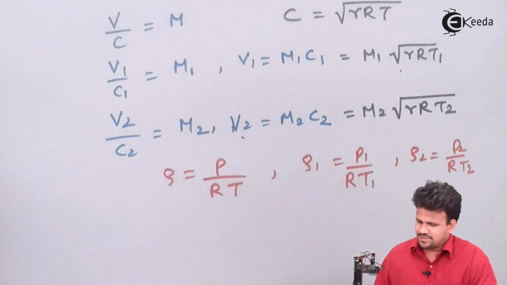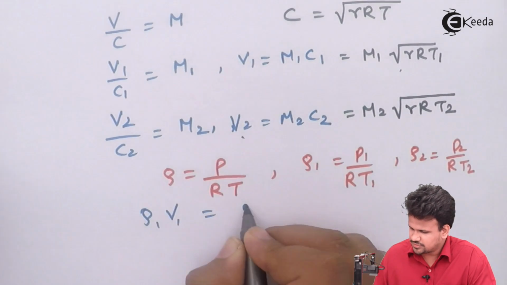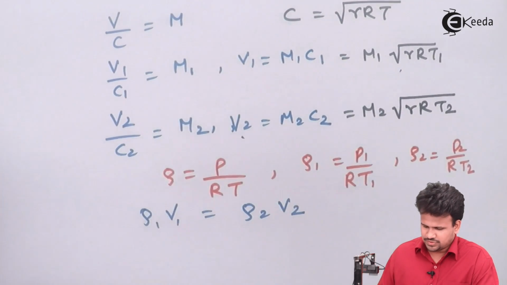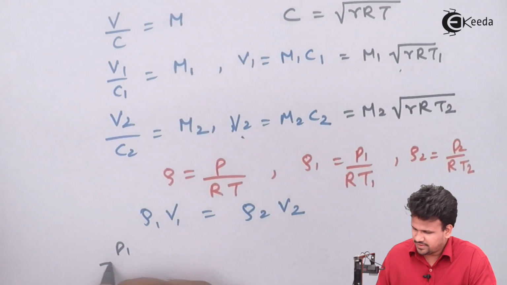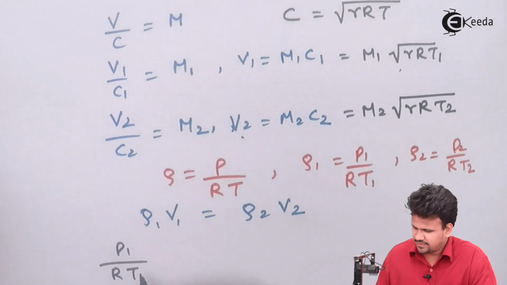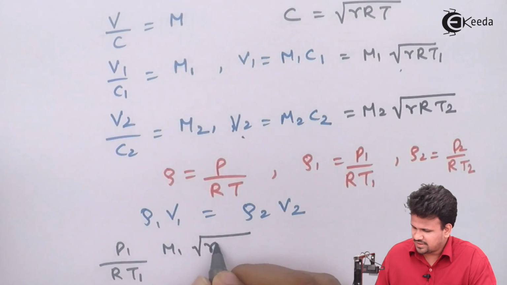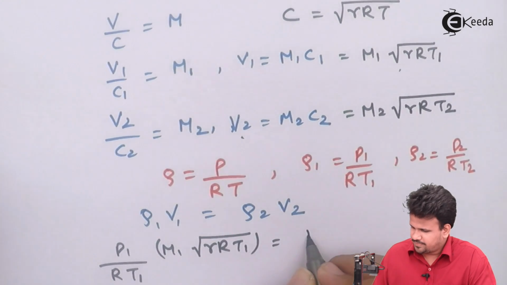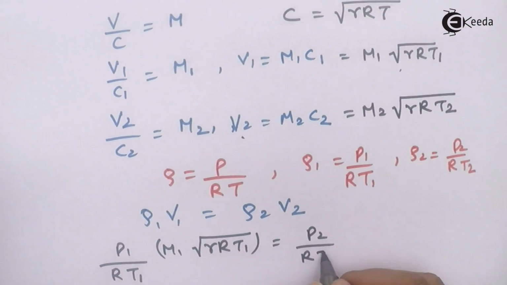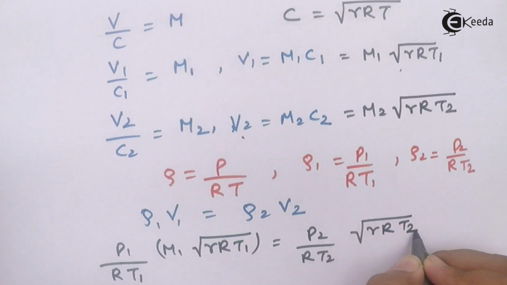Let us substitute this in the equation, that is ρ1 V1 is equal to ρ2 V2. So ρ has a value of P1 upon R T1, V has a value of M1 into square root of gamma RT1, is equal to P2 upon R T2 into M2 square root of gamma R into T2.